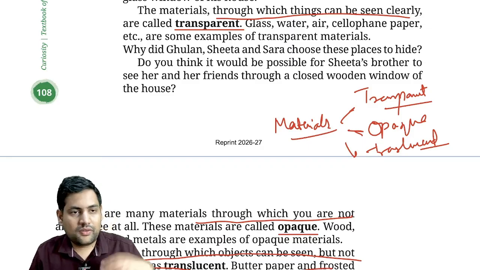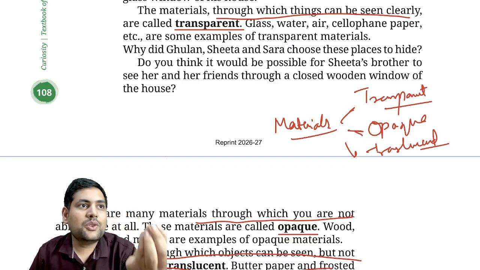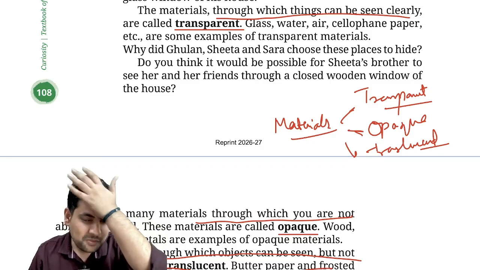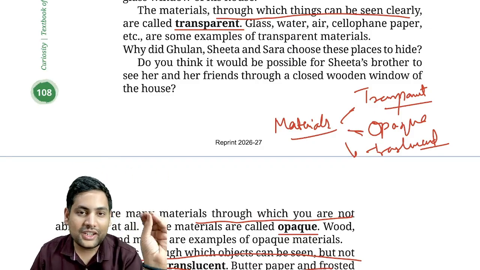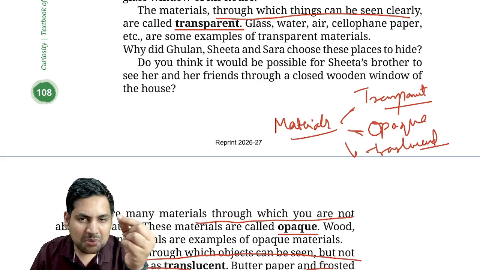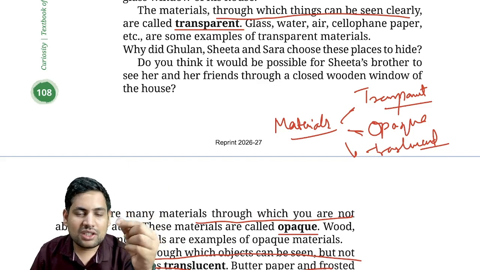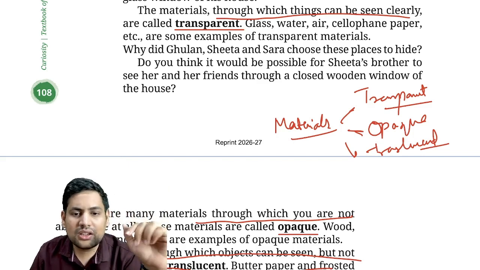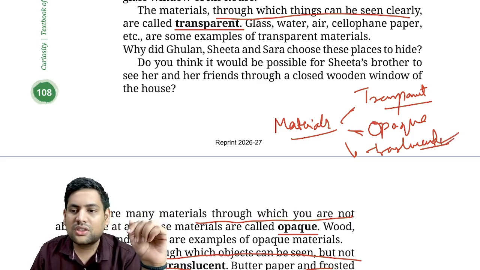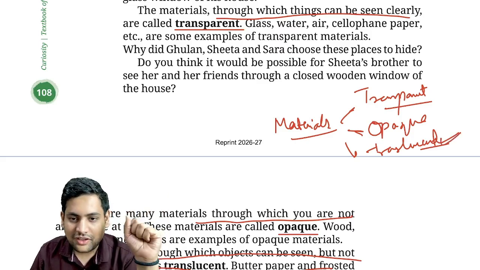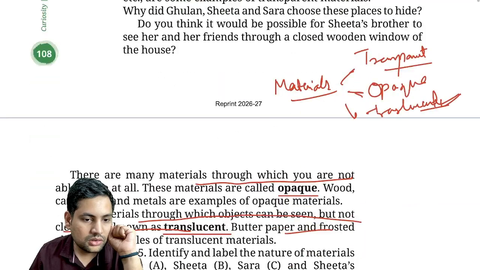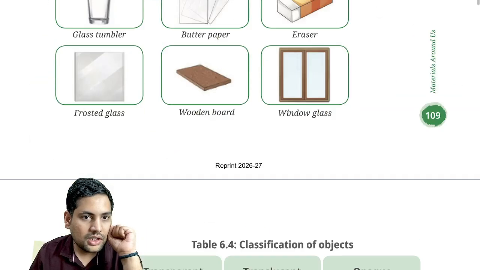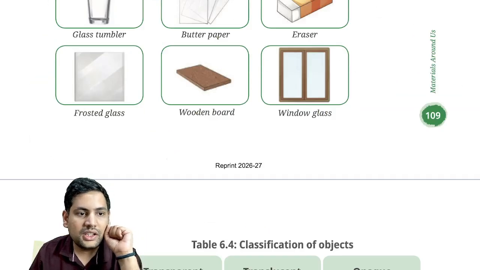Even if you take a simple example, you take a piece of paper and rub it on your head, hopefully you have applied some kind of oil on it, then the paper becomes slightly transparent, correct? Slightly transparent or not completely transparent is what you know as translucent. Understood? These are all different examples, correct?